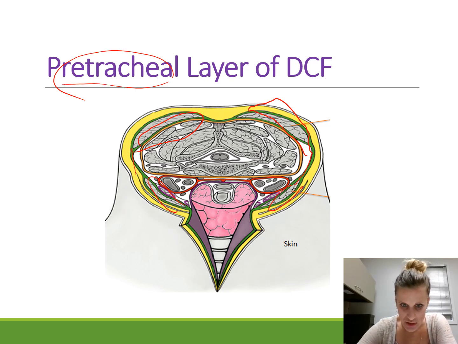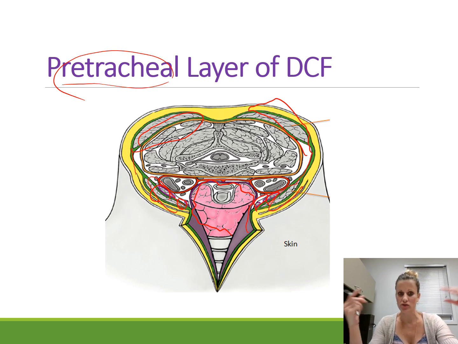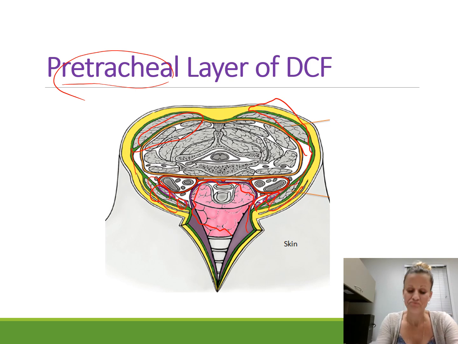So the pretracheal layer here is showing us the visceral layer. And if you can see over in these areas, the purple lining, those are the muscular layers. So the muscular layers, again, are surrounding the infrahyoid muscles. The visceral layer is surrounding the thyroid gland, right? So this is the thyroid gland.